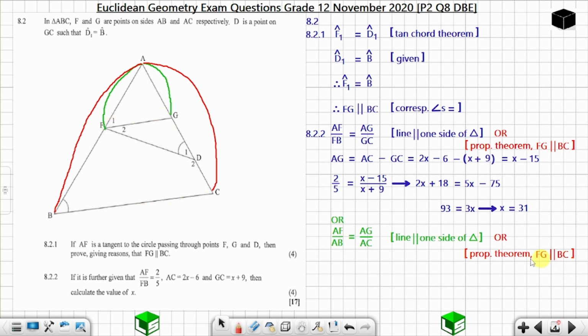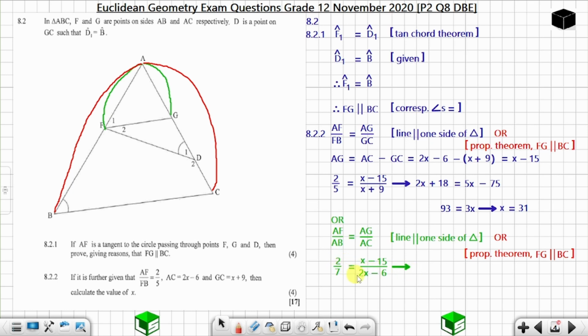So AF is 2 over AB is 7 equal to AG over AC. Now you are going to cross multiply.